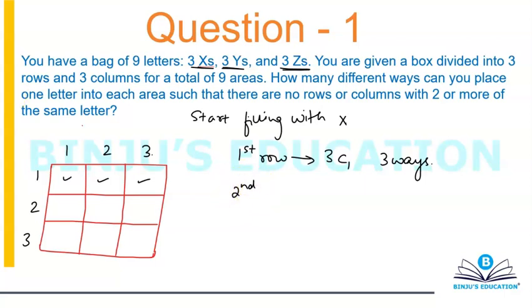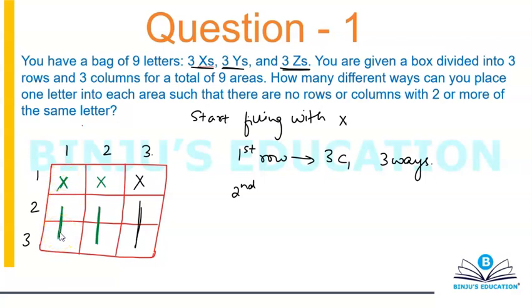Because let's say suppose if I place x here, then in these 2 places x cannot come. Or let's suppose if I place my x here, and that is in the first row and second column, then the 2 x's cannot come in these 2 positions. Or if I place x here, then the 2 x's cannot come at these 2 positions.